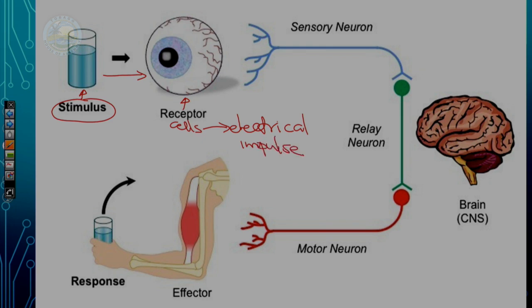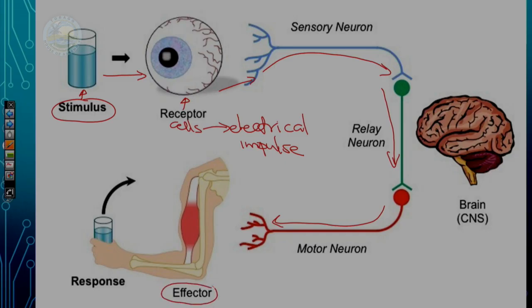So that electrical impulse is now going to be sent to a specific neuron, and it is going to follow a path from one neuron to the next to another, and then that electrical impulse is going to pass on to an effector.